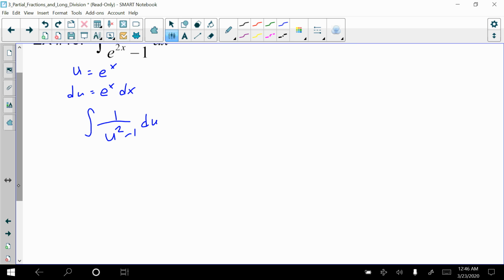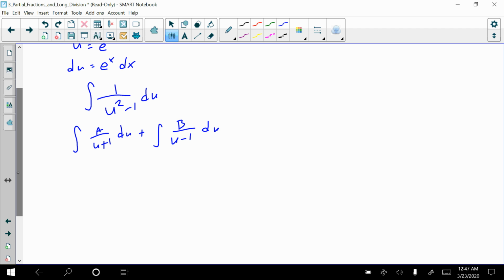The denominator is factorable as the difference of two squares. So I'm going to get A over u plus 1 du plus B over u minus 1 du.